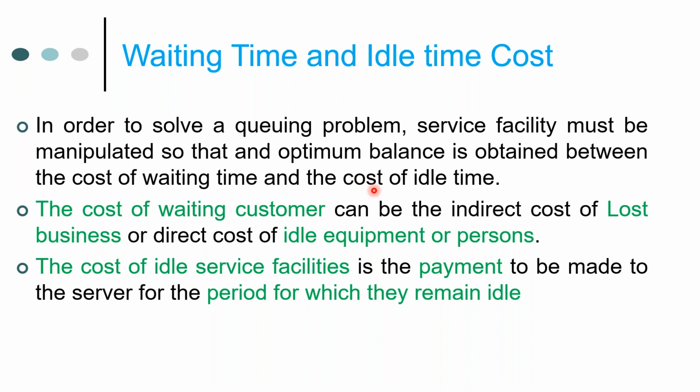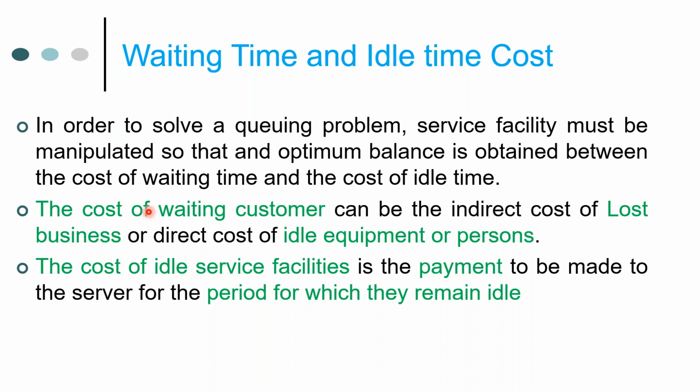We have to make changes in service facilities, or make our service facility dynamic, so as to optimize the waiting time and the cost of idle time. Now see how cost is associated with waiting time and with idle time. First, the cost of a waiting customer.